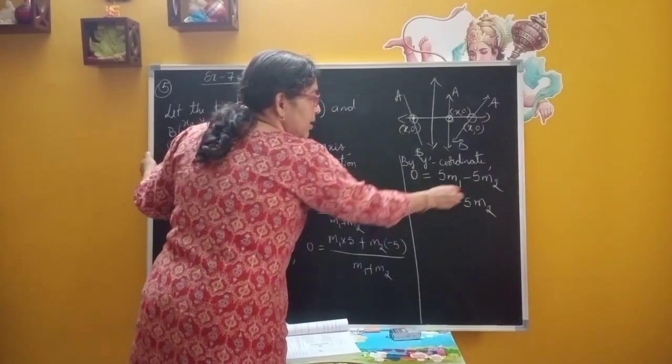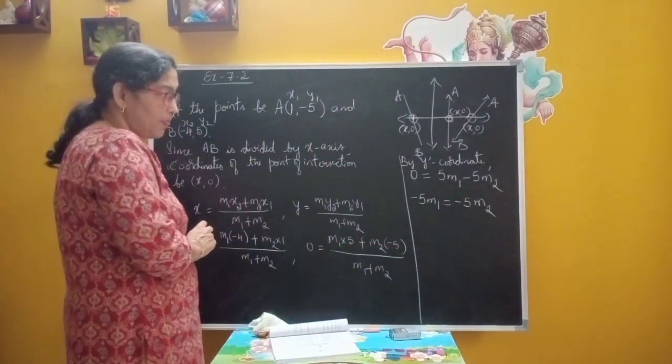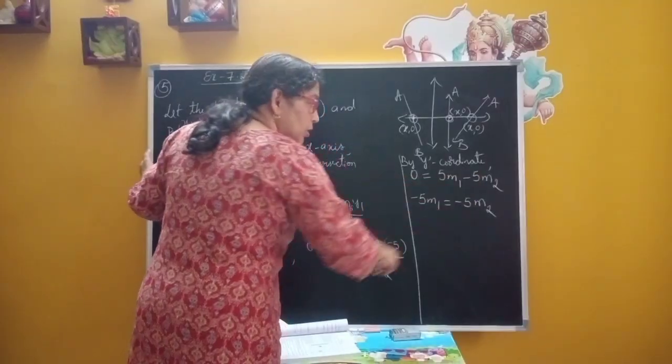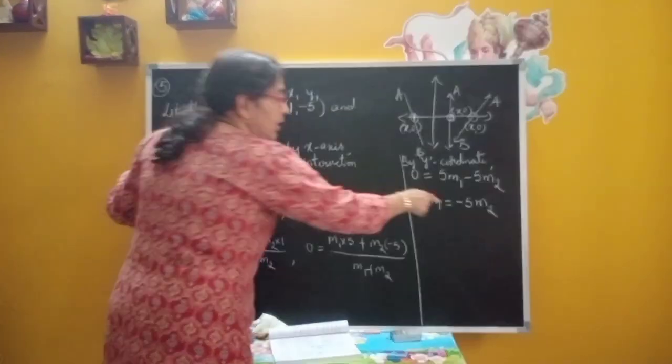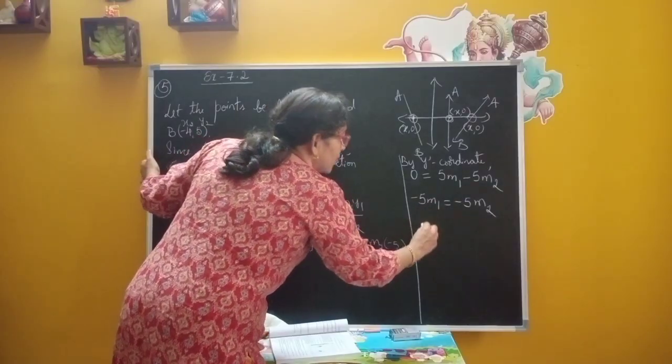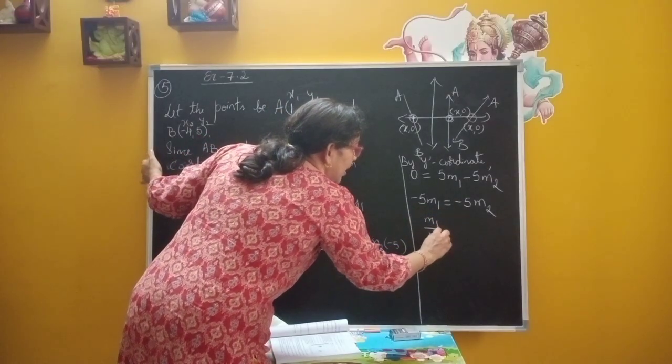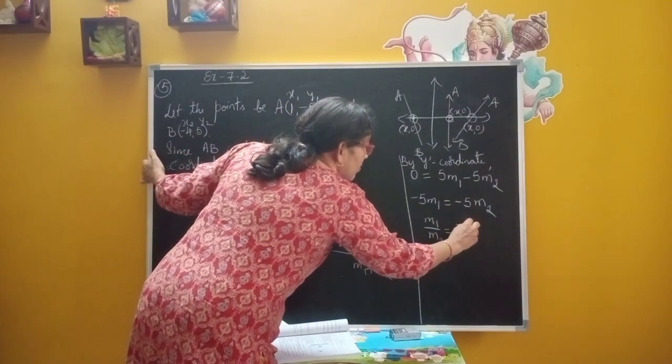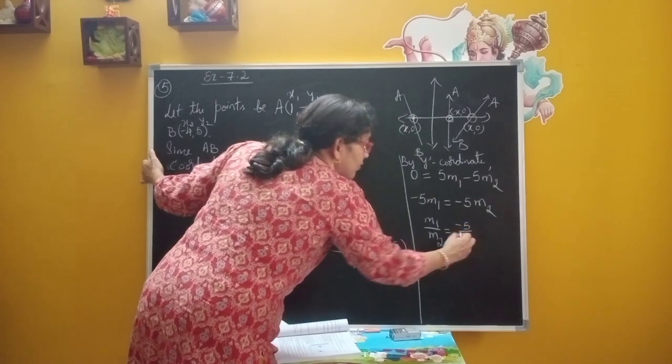The minus sign gets cancelled and 5 also gets cancelled. If I bring m2 to this side, m1 by m2 is minus 5 by minus 5.